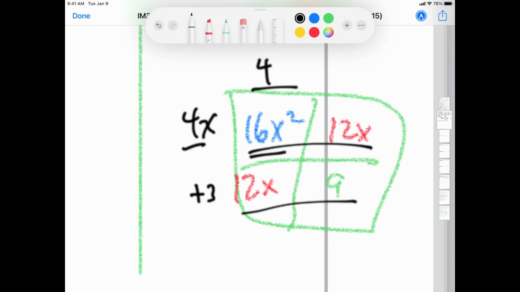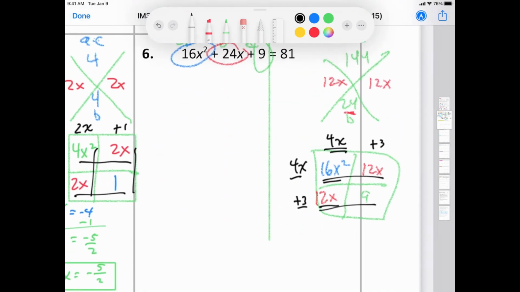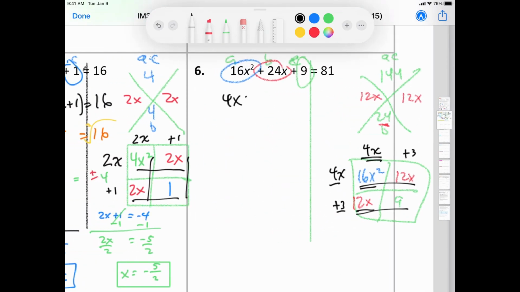Well, that would have to be 4x, because 4x and 3 give you 12x. You see that? 4x times something equals 12x, that would be a plus 3. And 3 times 3 will give you a 9. So 4x plus 3, 4x plus 3. Let's put those together.